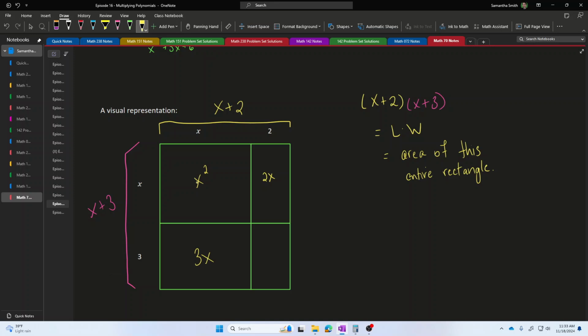And 2 times 3 would be 6, the area of this little piece in the bottom right. So by adding together the areas of each of these 4 pieces, I should get a result that's the same as the area of the whole rectangle if I calculated length times width by doing the length of this big side times the width of this big side.